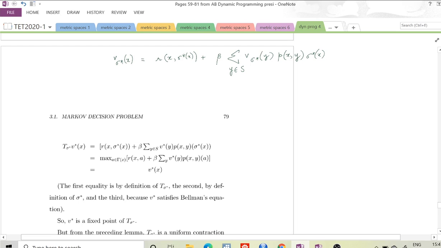In particular, V sigma star will satisfy this functional equation, so it's going to be a fixed point of T sigma star, defined by: T sigma star of any function W is equal to this plus beta times the expected value of W of Y from tomorrow.